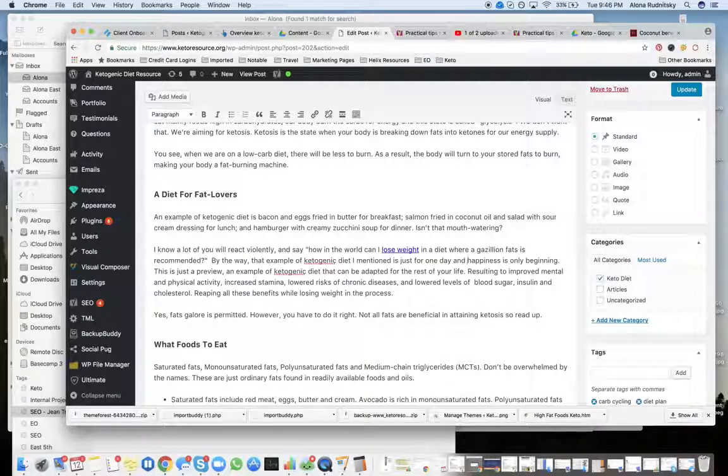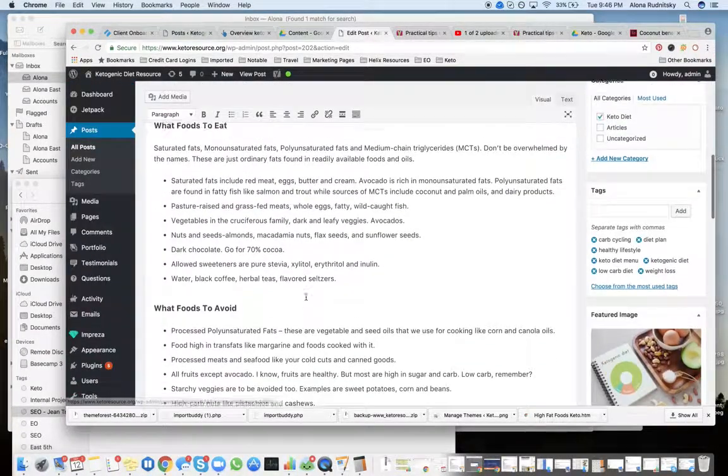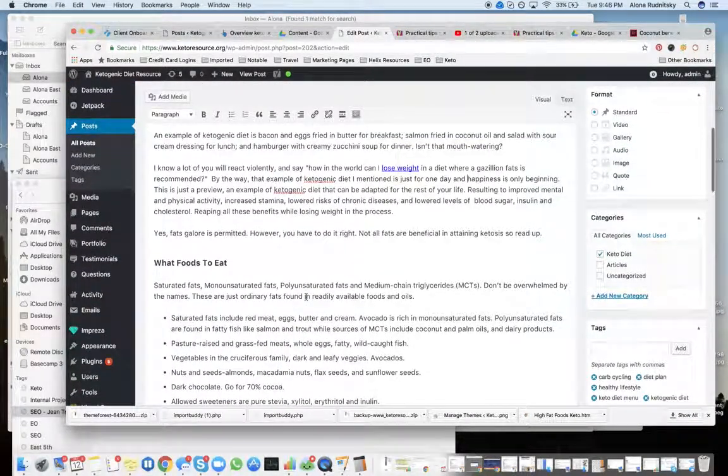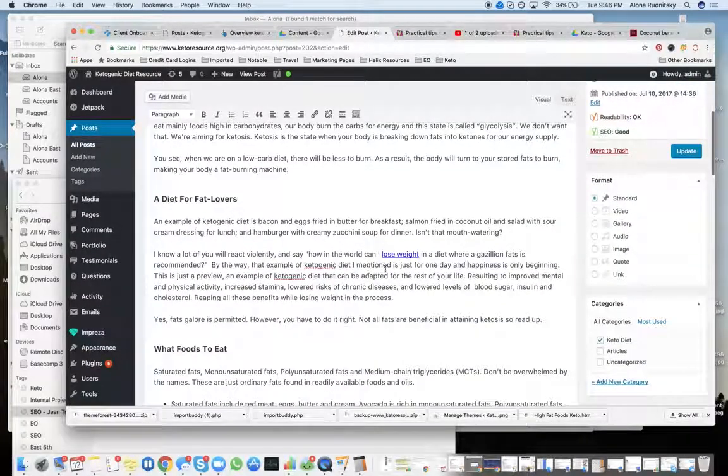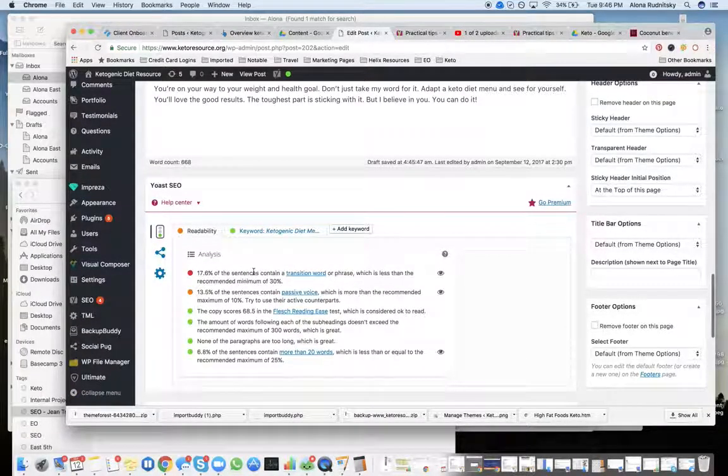So now we go down, we're 17.6, so we're making our way slowly, just way too many periods here. This is just a preview, an example of ketogenic diet that can be adapted for the rest of your life.